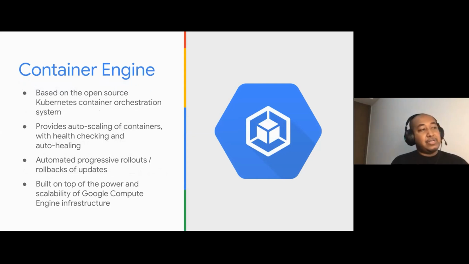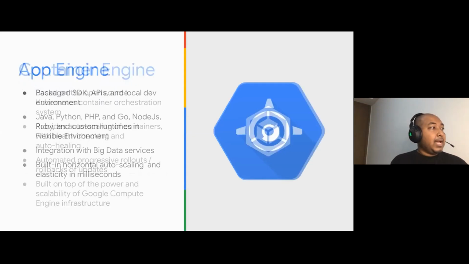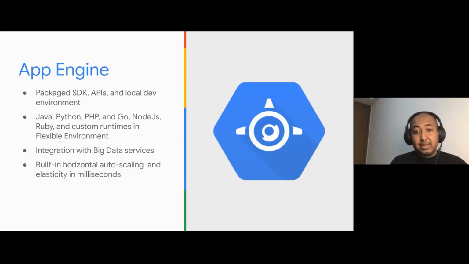Container Engine is mainly about Google Kubernetes Engine. And the third one, App Engine. This is an interesting one because if you don't want to start with a virtual machine, you might want to try App Engine, because you only have to focus on your code.